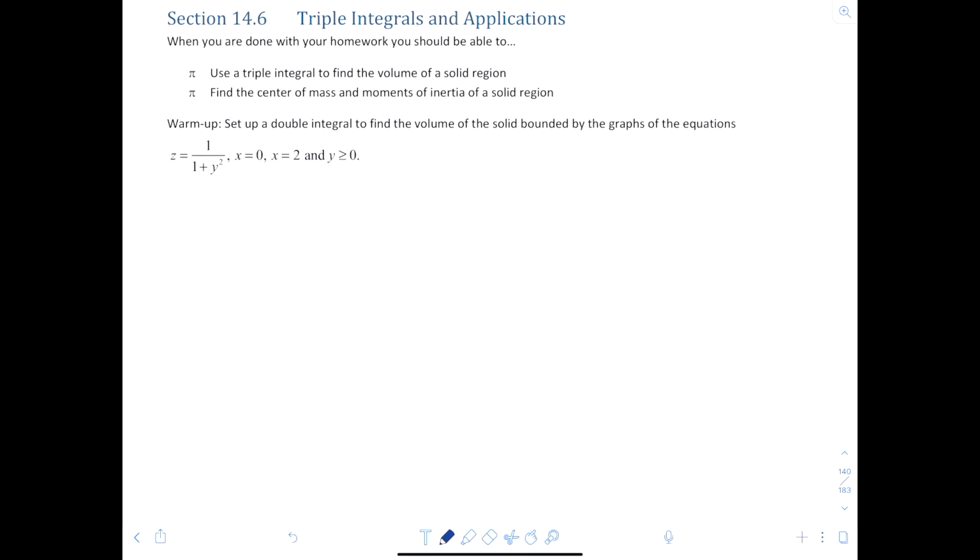If we take a look at our picture, we'd have something along these lines.